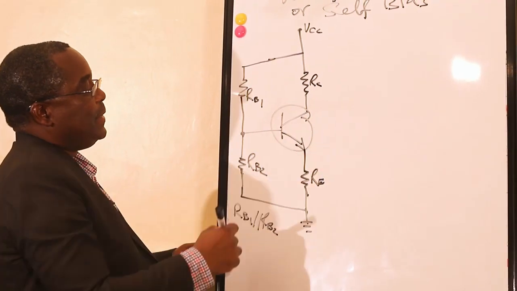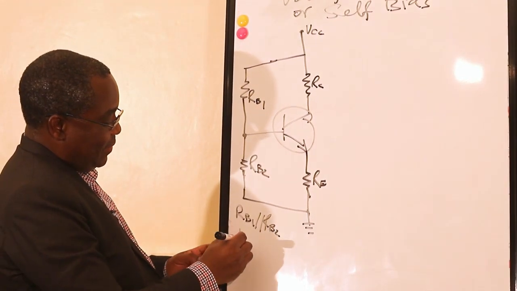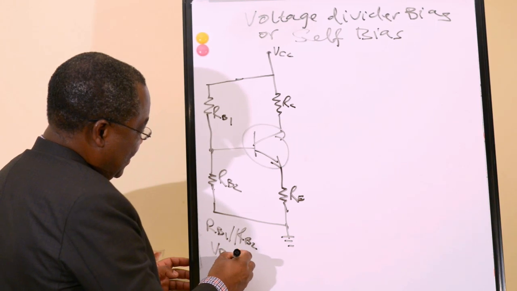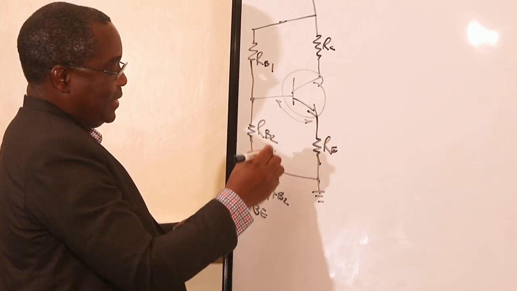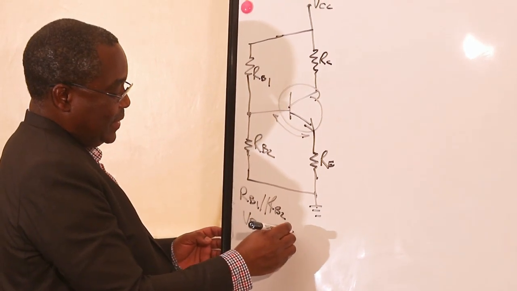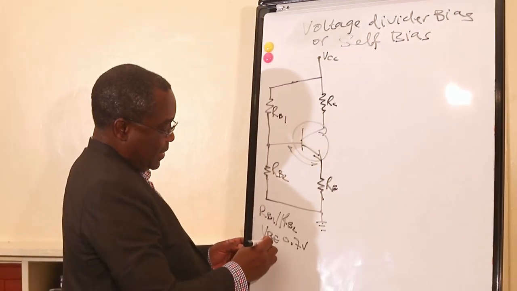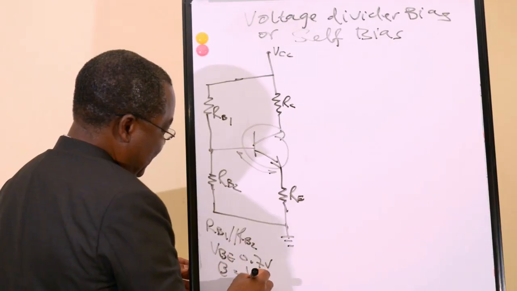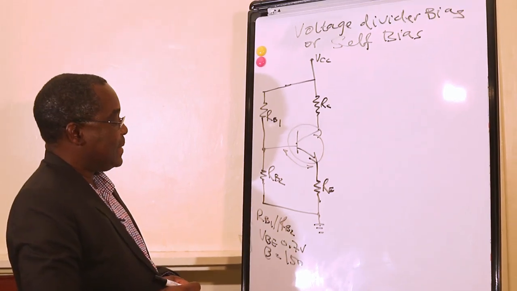This is a silicon transistor. So for the silicon transistor, VBE, this one, is 0.7 volts. Our beta will be 150 for this transistor.